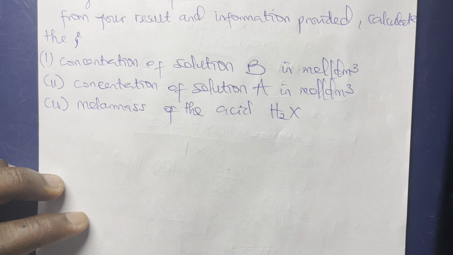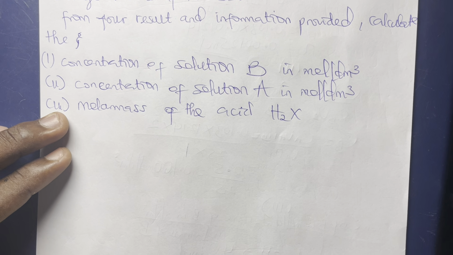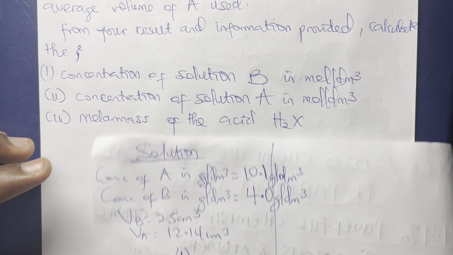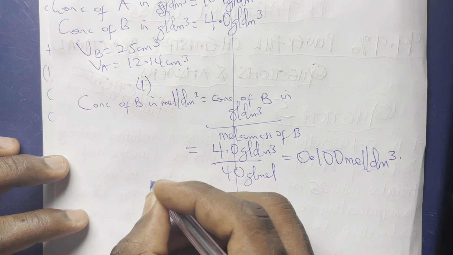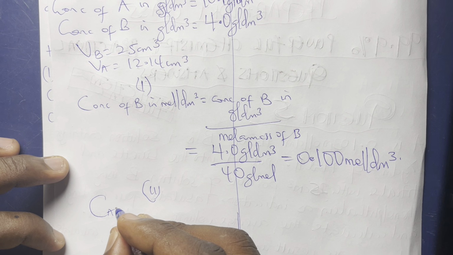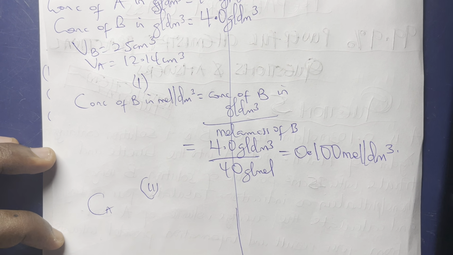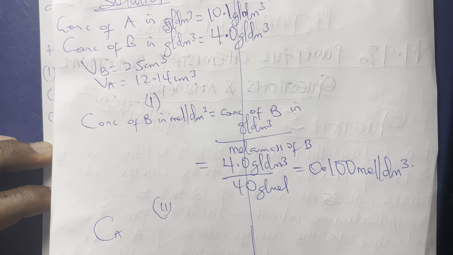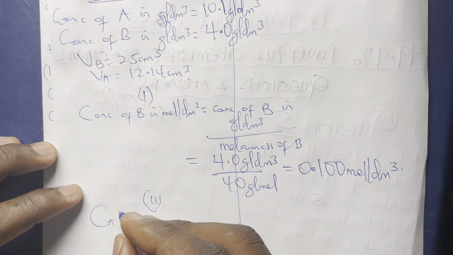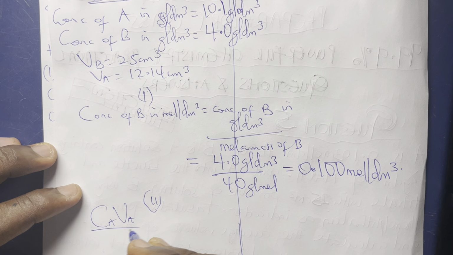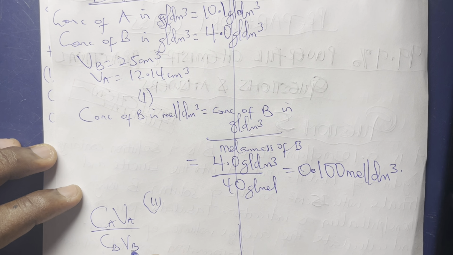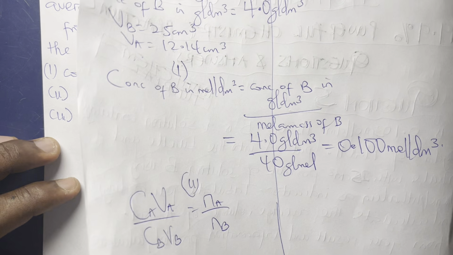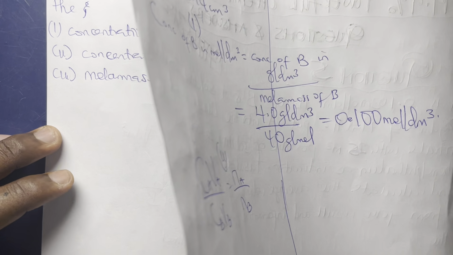Alright. Now the second one says to calculate the concentration of solution A in mole per dm cube. For number 2, we are now going to use CA VA over CB VB equals NA over NB.